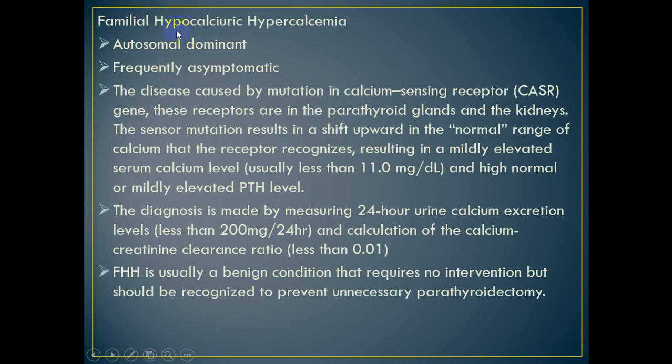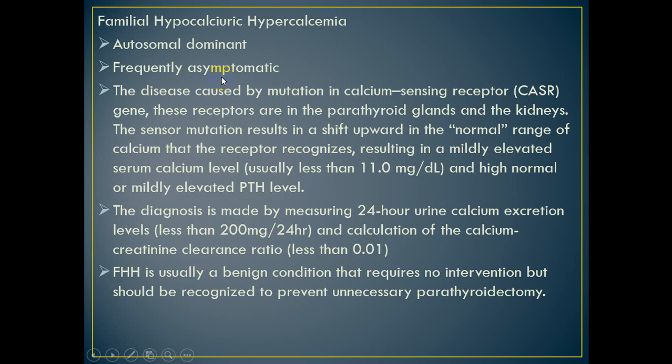Next, familial hypocalciuric hypercalcemia. It is rare. It is an autosomal dominant condition. These patients are frequently asymptomatic, but in rare cases may present with symptoms of hypercalcemia. The disease is caused by mutation in the calcium sensing receptor, meaning the abnormality is within the parathyroid gland, which senses calcium level. In a normal person, the parathyroid gland senses calcium below or above 8.5 to 10.5.